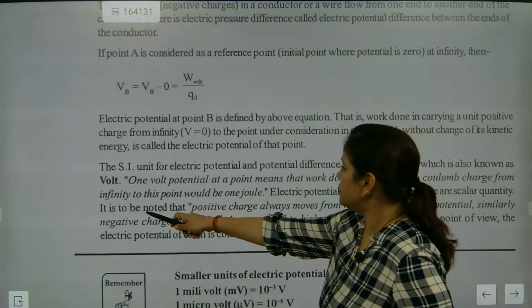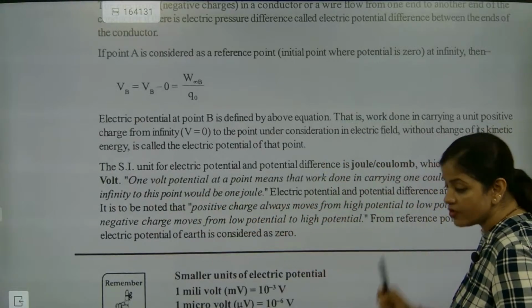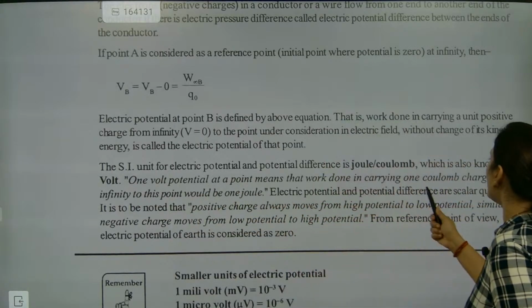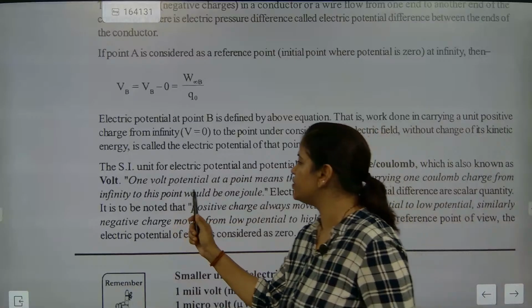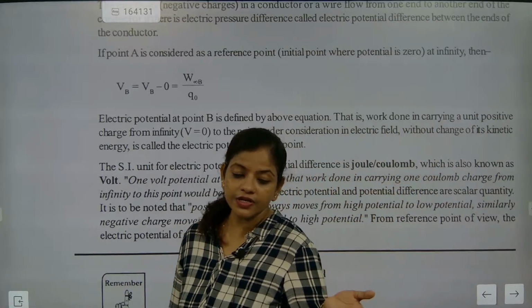Now check this out. 1 volt potential at a point means the work done in carrying 1 coulomb charge from infinity to that point.